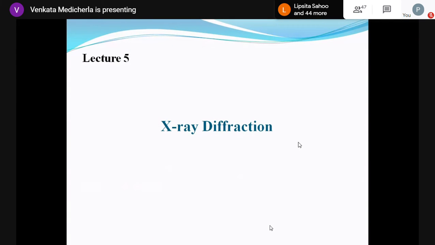Diffraction takes place when the size of the object is of the order of the wavelength you are using. If the size of the object is very large compared to the wavelength, diffraction effects are not seen. So when the slit size is of the order of wavelength, you start getting diffraction effects.